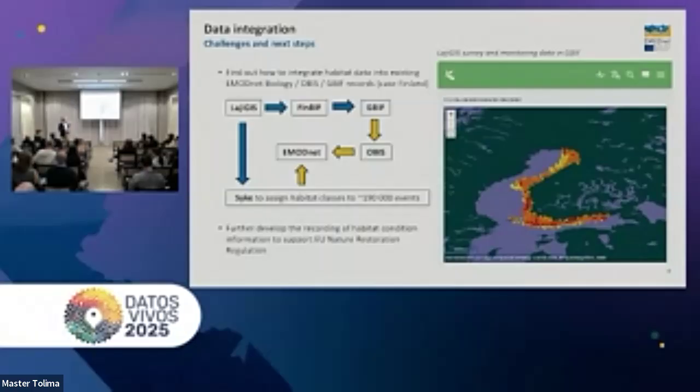And one further thing is that in the European Union, we have new legislation on nature restoration. The Nature Restoration Regulation Annex 2 lists 233 EUNIS habitat types for marine habitats, for which the member states need to make a restoration plan and also be able to assess the condition of these habitats.